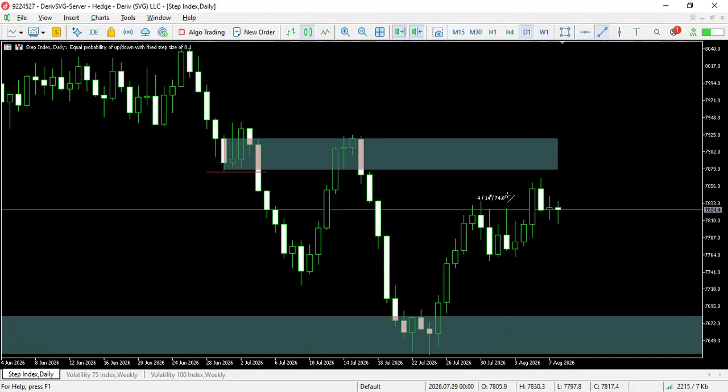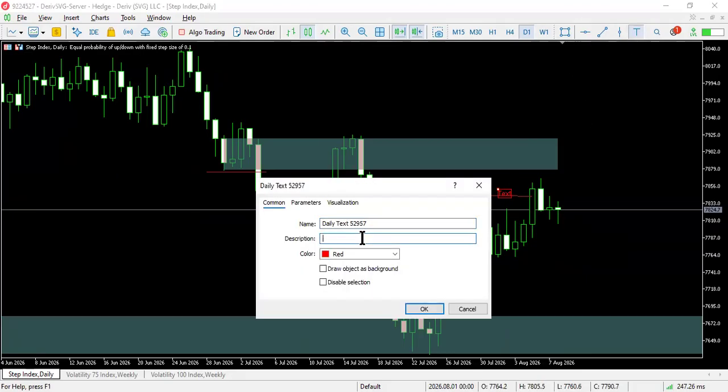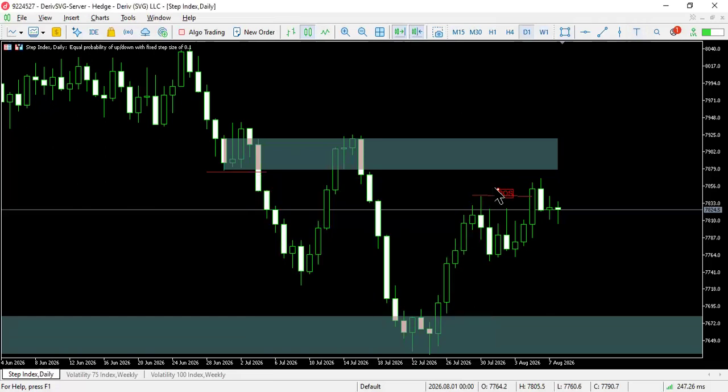Now, if we see here, we have a break of structure here. So we have a break of structure. Have a break of structure. That's pretty much it from the daily time frame.